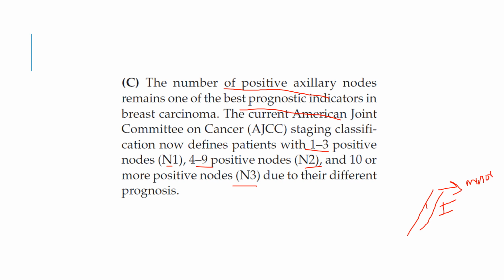Behind the pectoralis minor is level 2, and medial to pectoralis minor is level 3. So these are the levels of lymph node. But N1, N2, N3 is the involvement of lymph node in the staging of cancer. Those are different things. I just mentioned it so that you know.